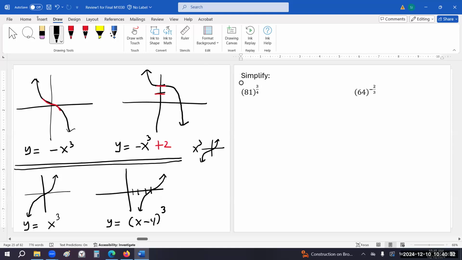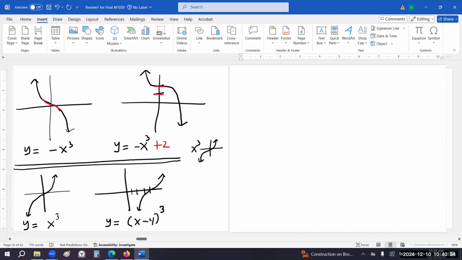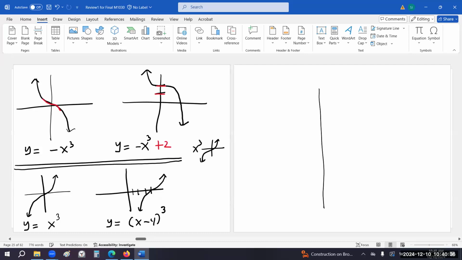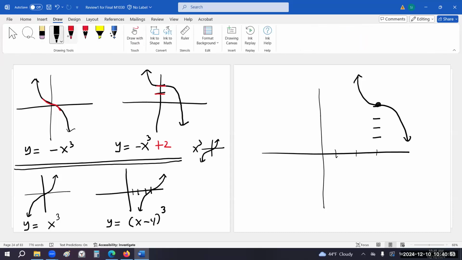Now let's do one more. One, two, three, 1, 2, 3, 4. What's the equation of this function? Almost correct.